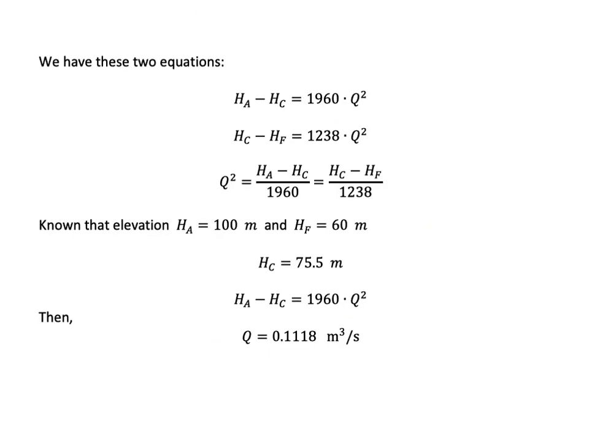So we have this equation. From these two equations, we could calculate HA minus HC is equal to 1960 Q square, and HC minus HF is equal to 1238 Q square.